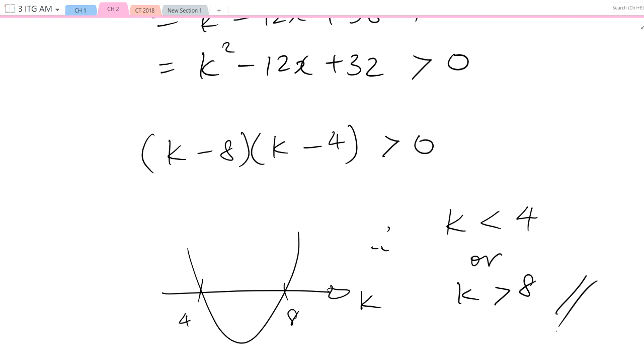I don't think you need me to go through worked example 18. You can, but one thing to note, in worked example 18, I want you to look at the last line of the question. They say that y equals kx plus 4 will be a tangent to the curve. Do you understand what tangents are?